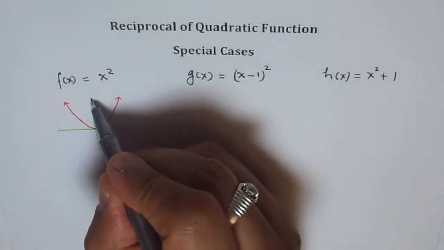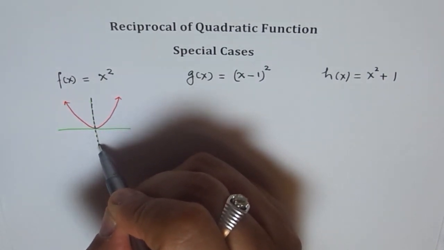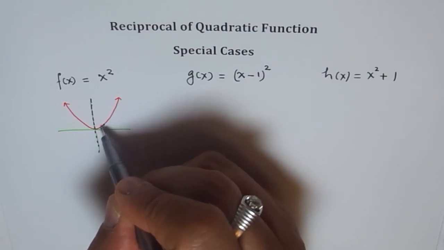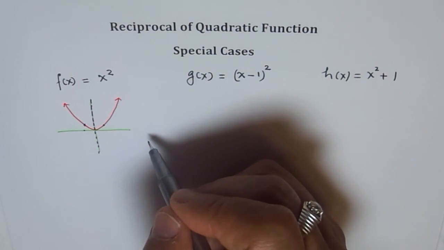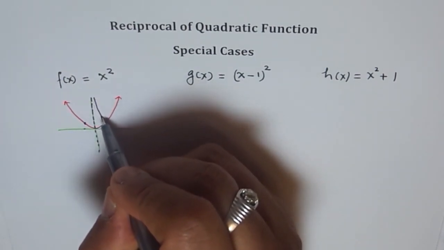Therefore, there will be a vertical asymptote here. At 1, the value will be 1. That is my invariant point. At minus 1, also it is 1, right? That is my invariant point, right? So the reciprocal of this function will be drawn like this.